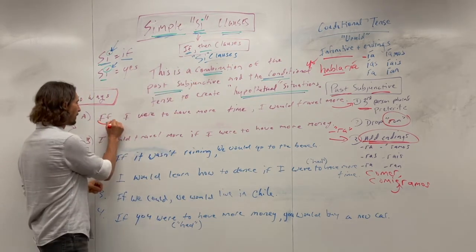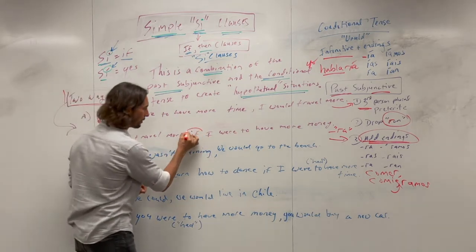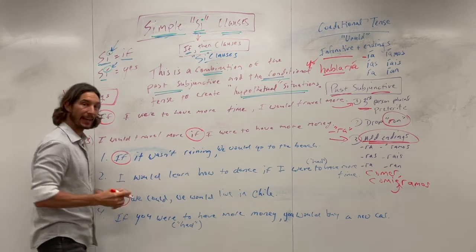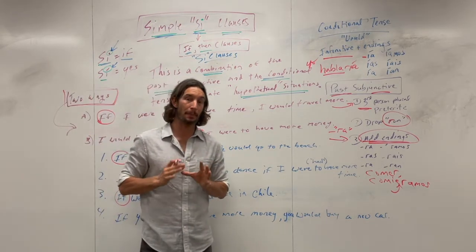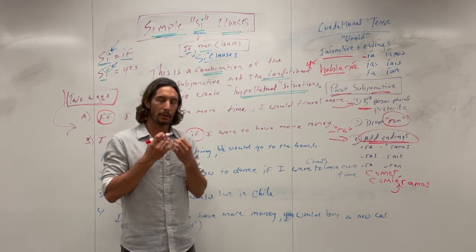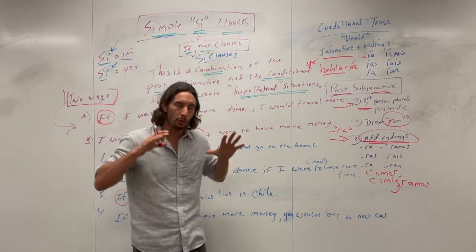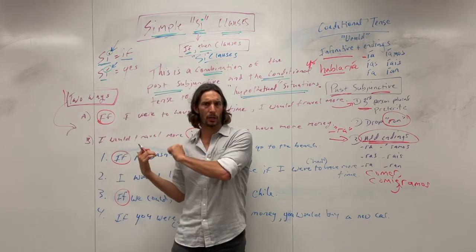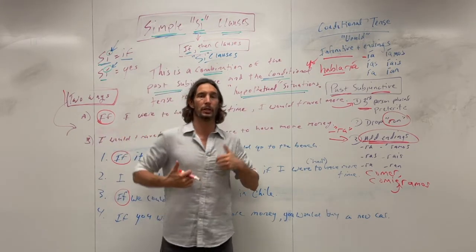It's always paired with if, because that's what's actually setting up your hypothetical. It's this past subjunctive that's really creating this hypothetical, and then on the back end or in the front, depending on how you structure it, you would use the conditional.